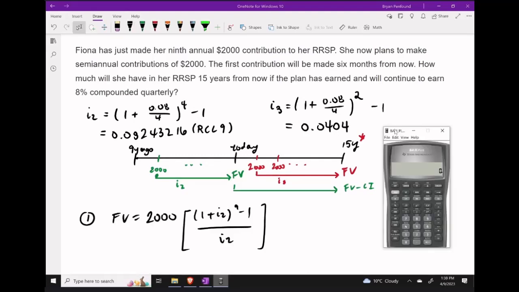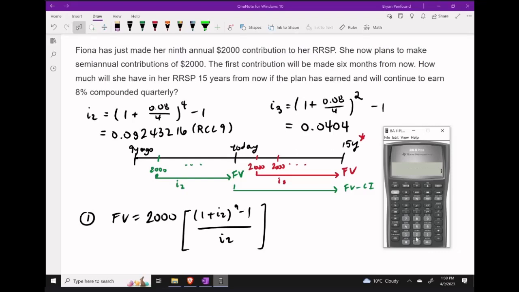Let's begin by trying to find the future value of that first green payment stream where we were making $2,000 annual contributions to the RRSP account. Here we can take 1 plus I2, which, recall, is number 9. Close that bracket. Let's raise that to the power of 9 because we made 9 contributions.